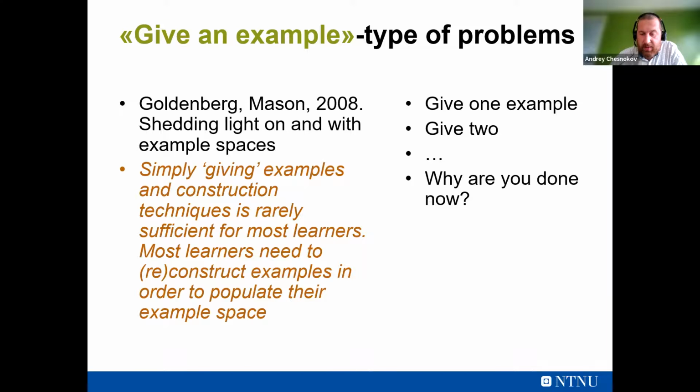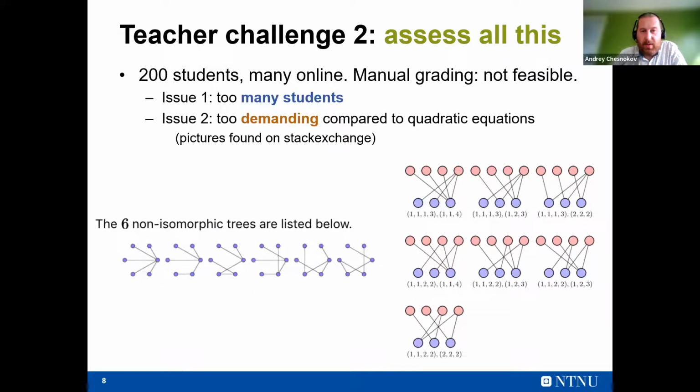And then we are up to the next challenge, which is a teacher challenge. We have to assess all this somehow. So besides our practical issues with being 200 students and usually very few teacher assistants, and many being online, and it seems that this is going to be the new normal, so many just don't want to come offline irrespective of the measures we are taking.